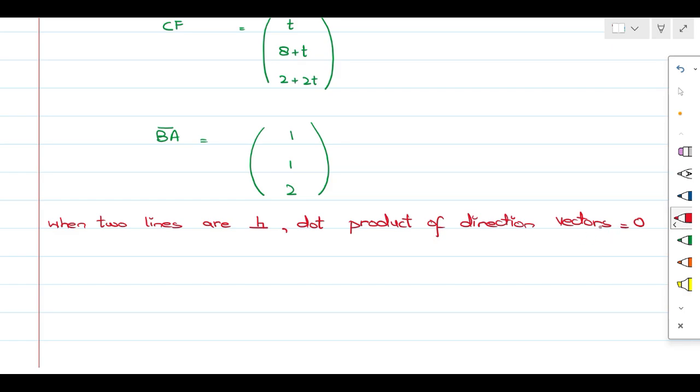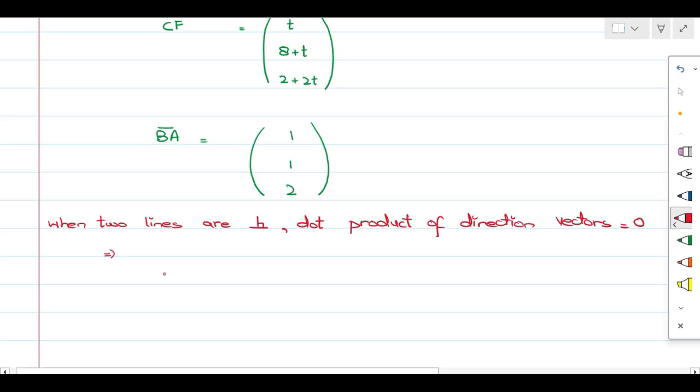In the real world, we can say when two lines are perpendicular, the product of their gradients equals -1. And in vector terminology, when two lines are perpendicular, the dot product of their direction vectors equals 0.